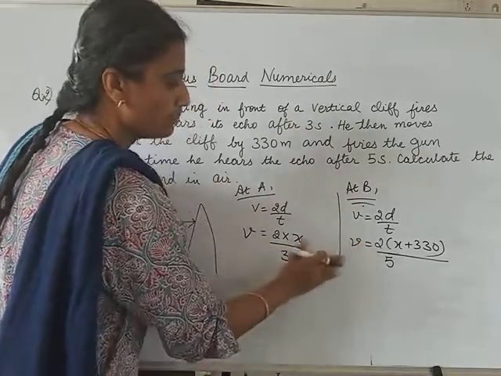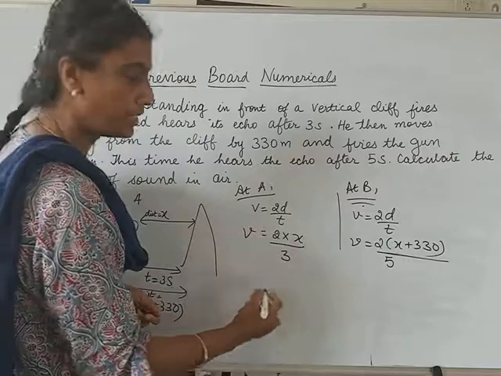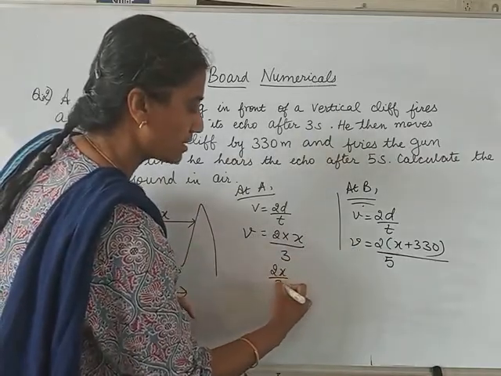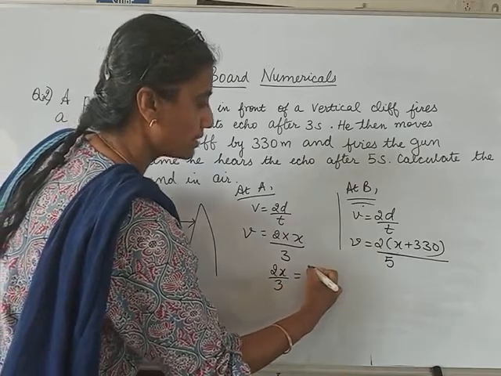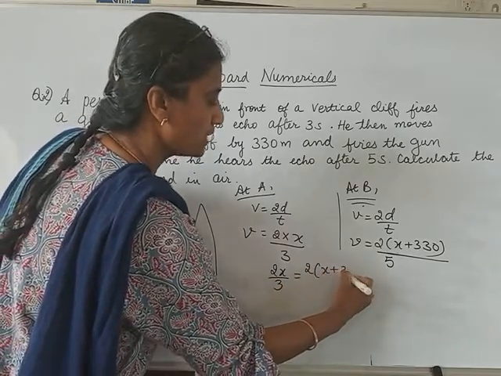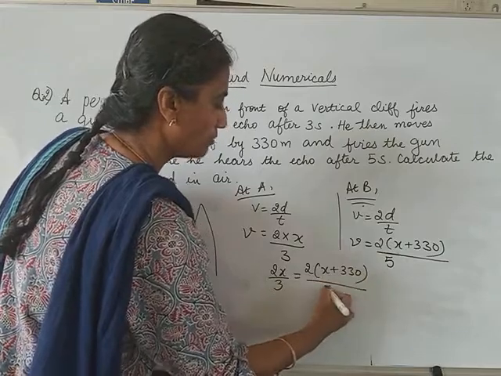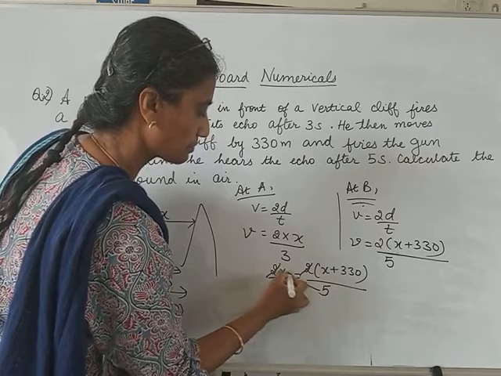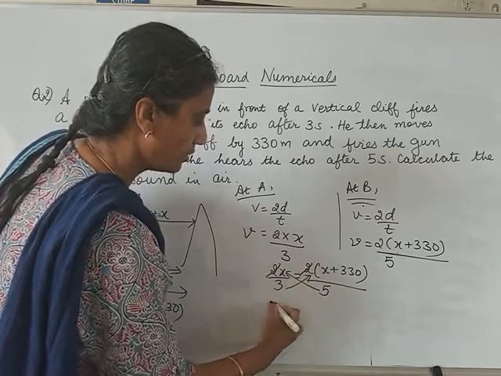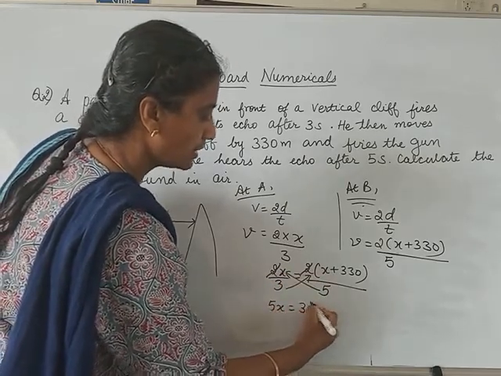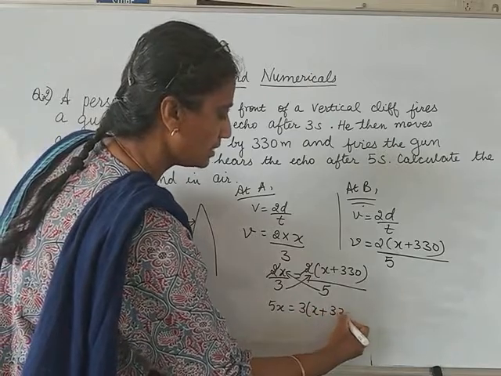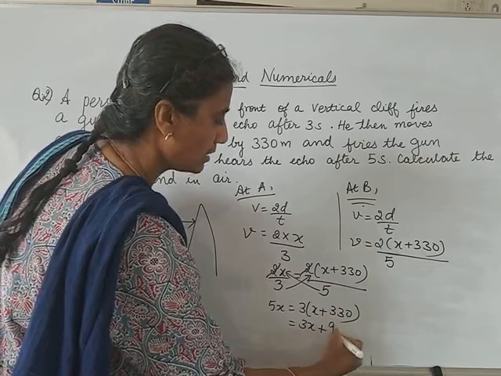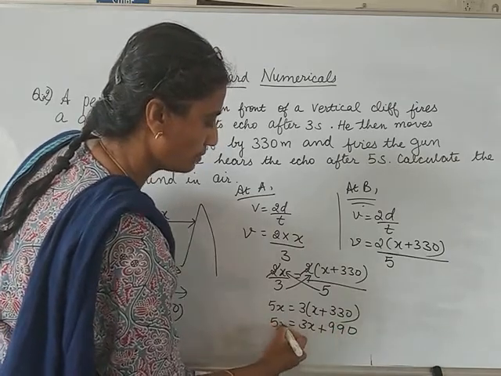Now, because the medium is the same, I can equate these two. Left hand sides are same, so I can equate the right hand sides. 2x by 3 is equal to 2 into x plus 330 upon 5. So 2 and 2 will get cut. Let's cross multiply it. 5x is equal to 3 into x plus 330. That will be 3x plus 990 is equal to 5x.